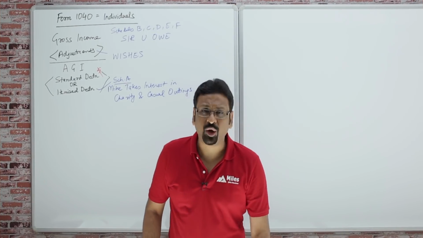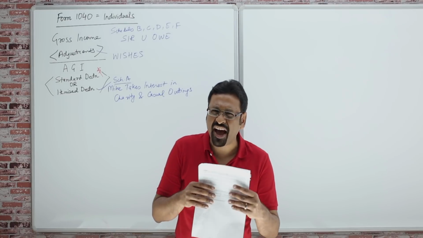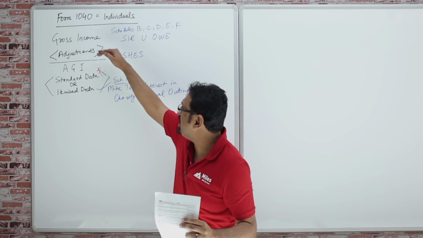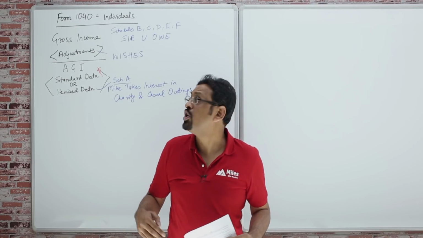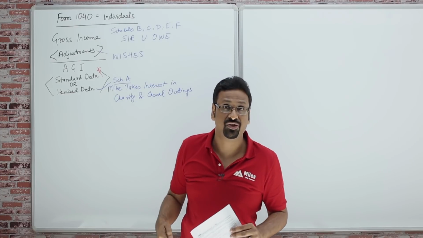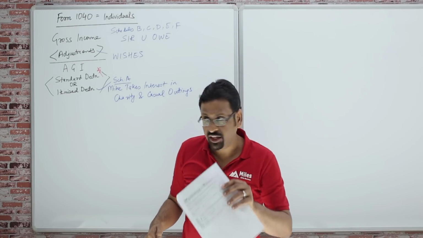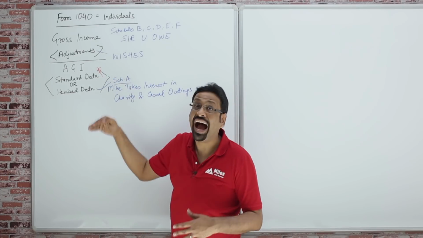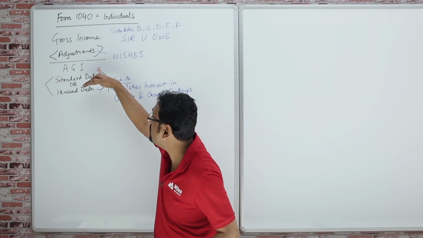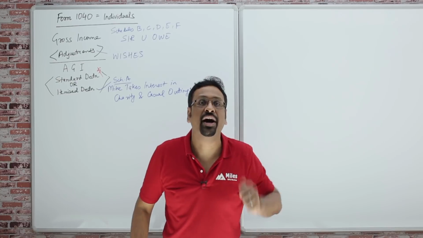We continue to look at deductions that you have on your Form 1040. So we started with adjustments, which are deductions to AGI, or we call them above the line deductions. And then we spoke about standard or itemized deductions, which were deductions from AGI or below the line deductions.